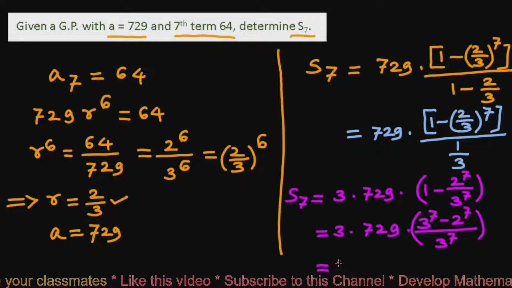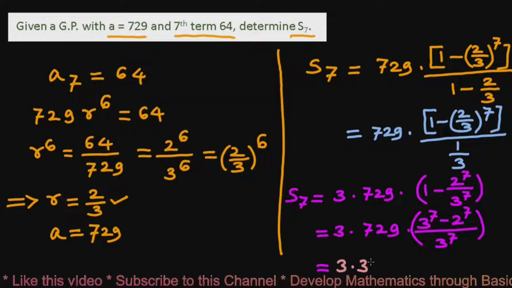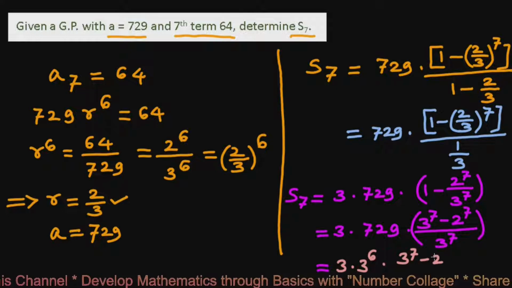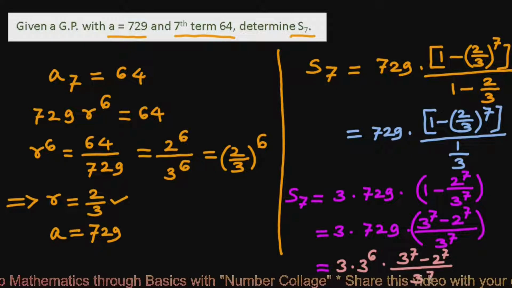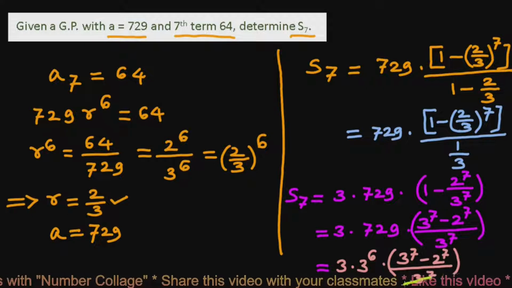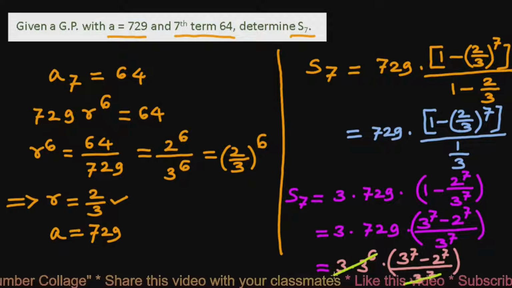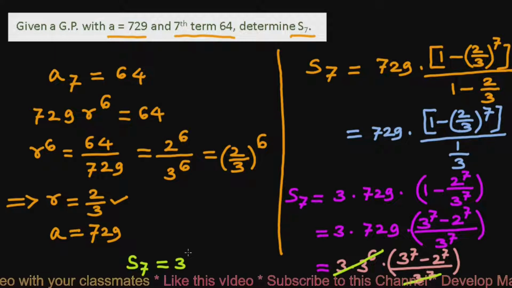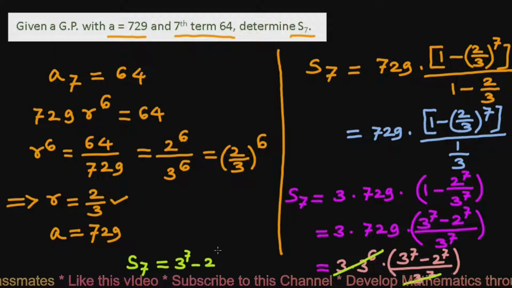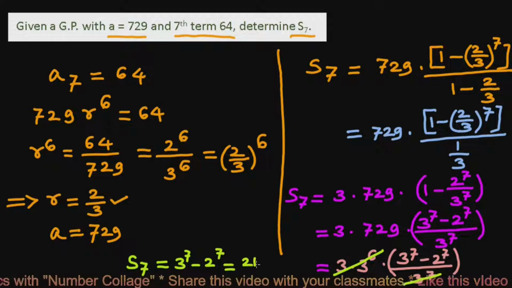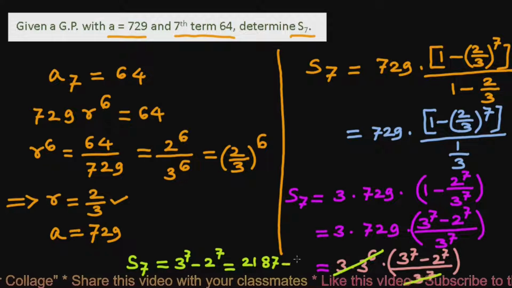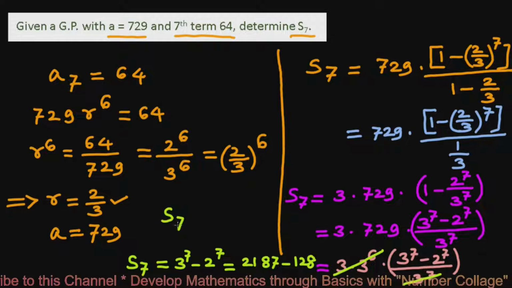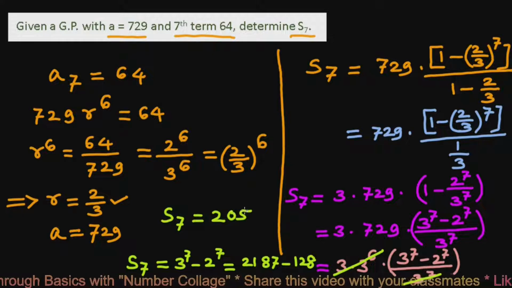Now this 3 into 729 will be 3 power 7. So this 3 power 7 cancels with this 3 power 7, and we get S7 equals 3 power 7 minus 2 power 7, which will be 2187 minus 128. Now this subtraction finally gives us S7 equals 2059.